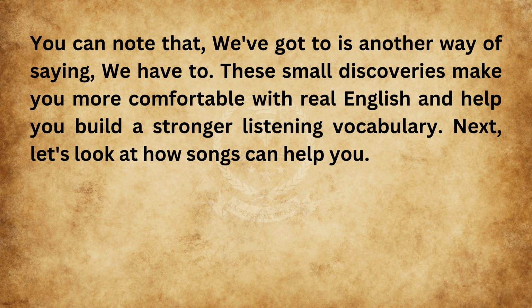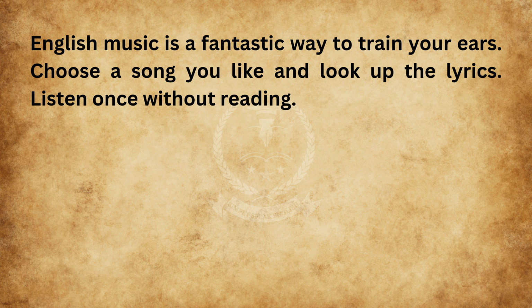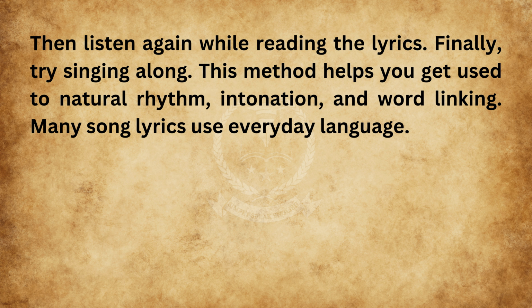Next, let's look at how songs can help you. English music is a fantastic way to train your ears. Choose a song you like and look up the lyrics. Listen once without reading. Then listen again while reading the lyrics. Finally, try singing along. This method helps you get used to natural rhythm, intonation, and word linking.